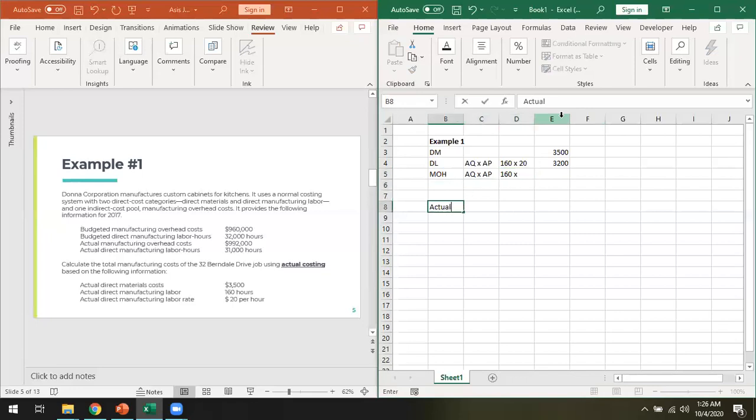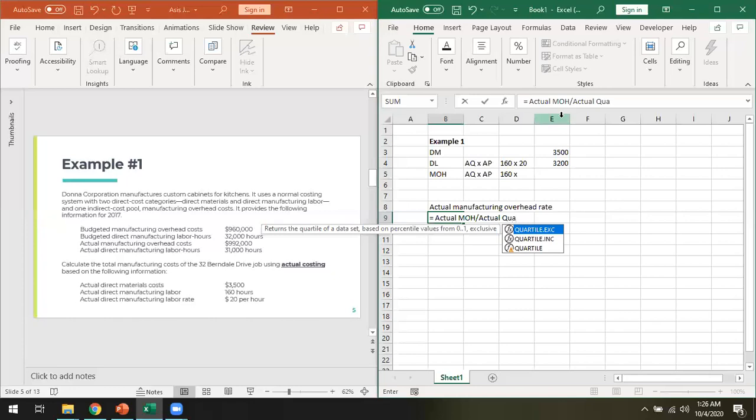So the actual manufacturing overhead rate, we know from the previous slide, is the actual manufacturing overhead divided by the actual quantity of cost allocation base.